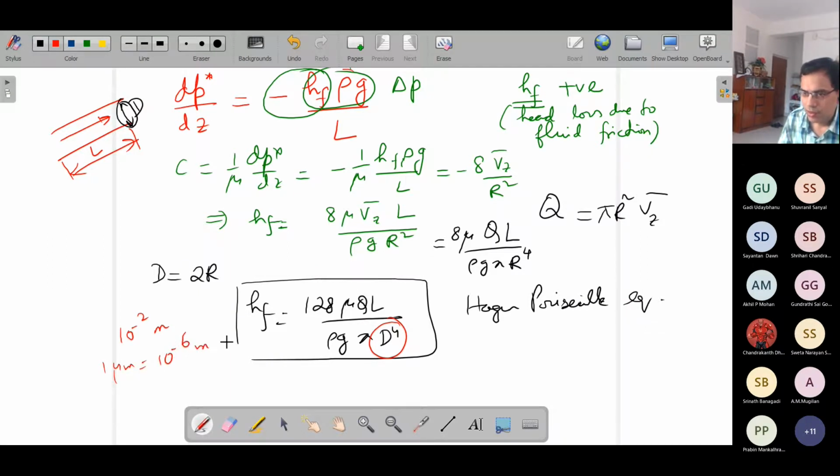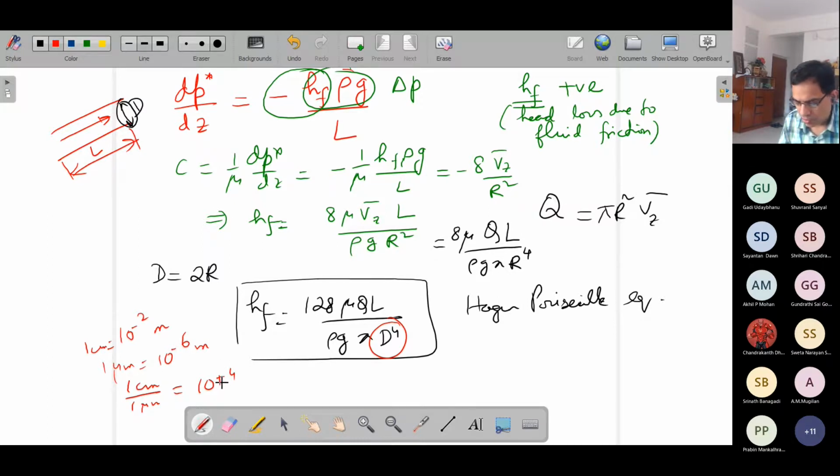So if you say 1 centimeter divided by 1 micron, it will be 10 to the power 4, not 10 to the power minus 8. I'm sorry about that.